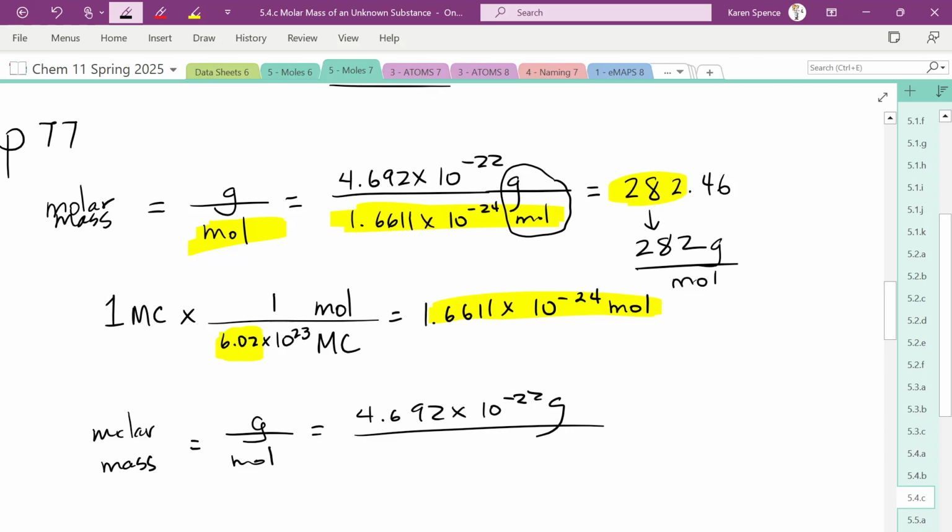How many molecules did I have? I had 1. Remember? 1 molecule. Well, I don't want molecules on the bottom, so I need to cancel molecules by putting it on the top and put moles on the bottom. 6.02 times 10 to the 23 molecules per 1 mole.